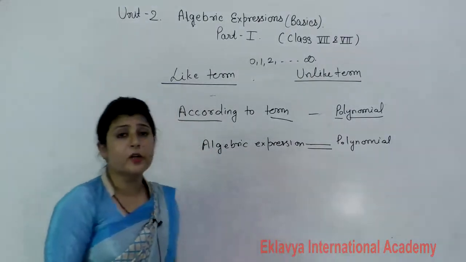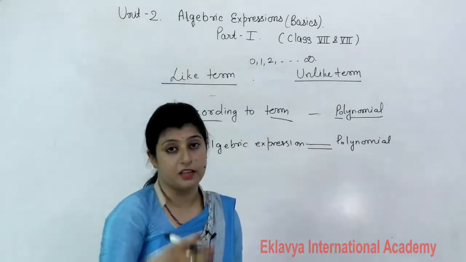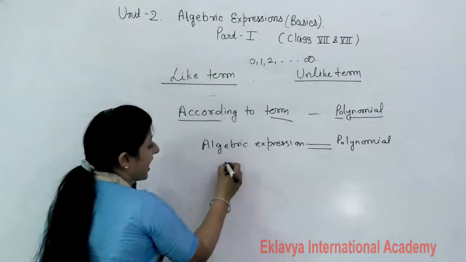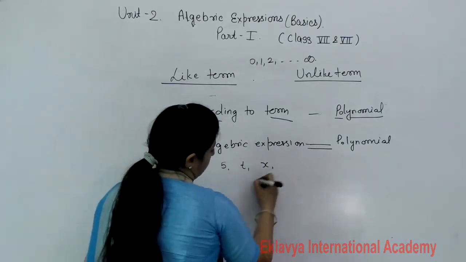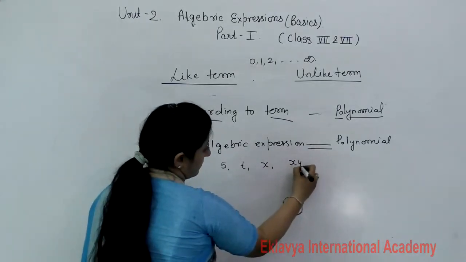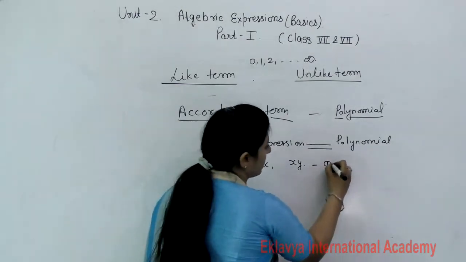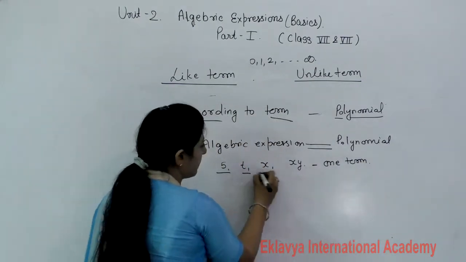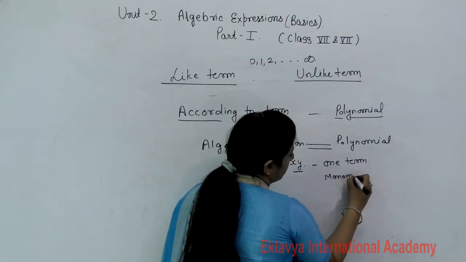Now according to terms we describe the polynomials, we will divide them into categories. If any expression has only one term, in all cases if there is one term, this is called a monomial.